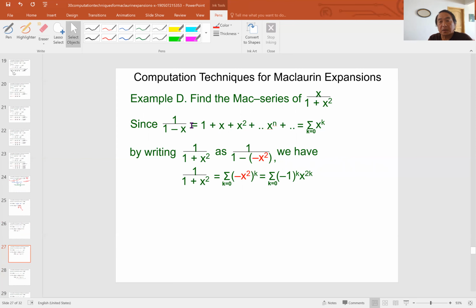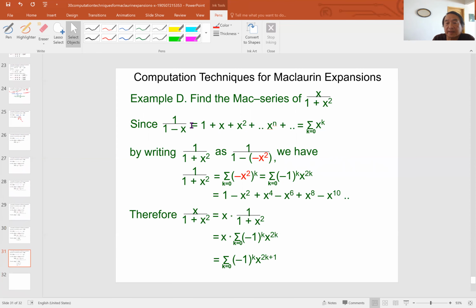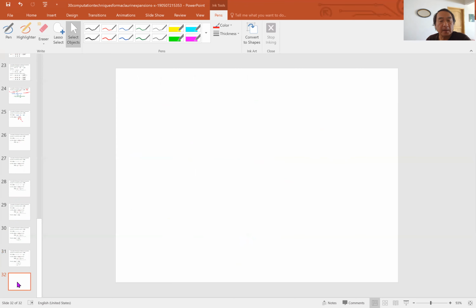This is the infinite sum for 1 over 1 plus x squared, and then multiplied by x. That's how we get the result we had with the long division: x, minus x cubed, plus x to the fifth, and so on. That's basically how we can calculate Maclaurin series using the known expansions.